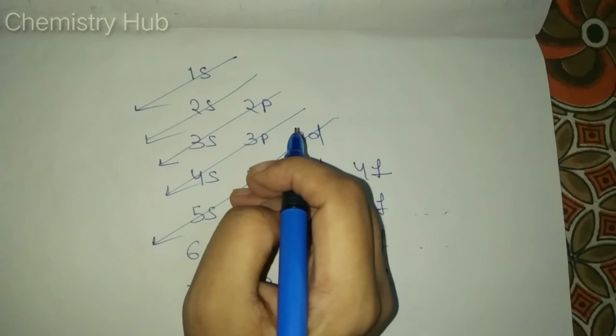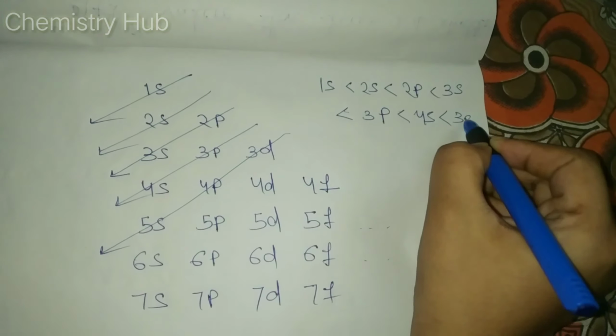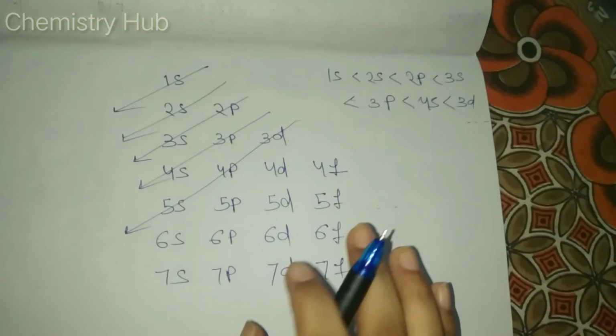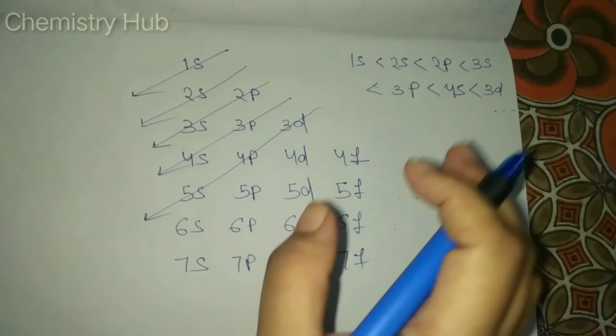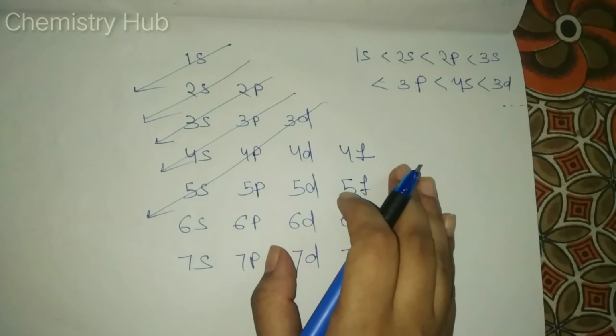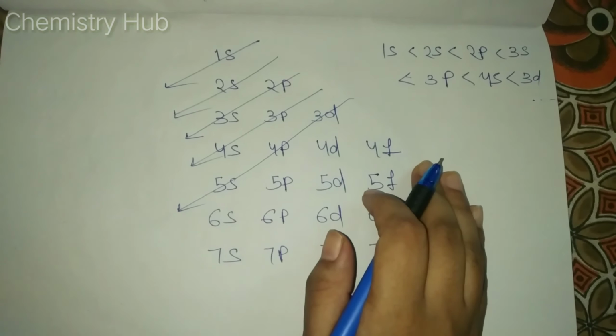In this way you can arrange the electrons in the subshells. So here you can write the increasing order: 1s, 2s, then 2p, then 3s, then 3p, then 4s, then 3d, etc.